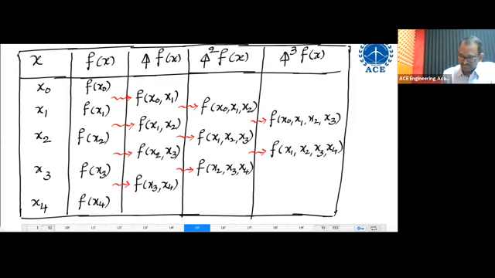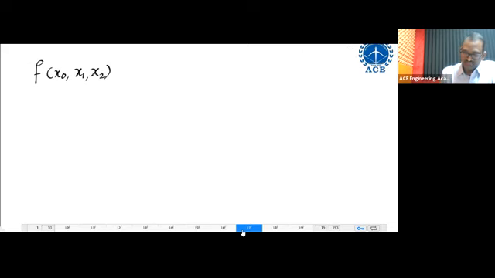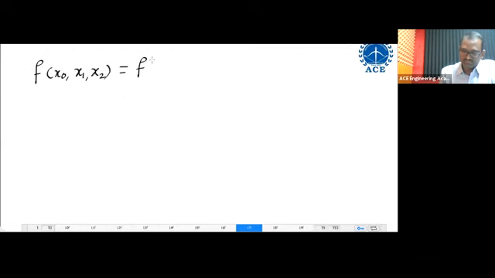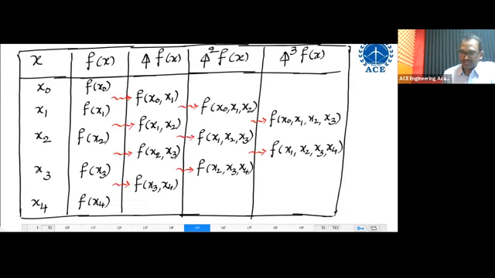So this value is equal to this value minus this value, means f of x1 comma x2 minus f of x0 comma x1 divided by this value.